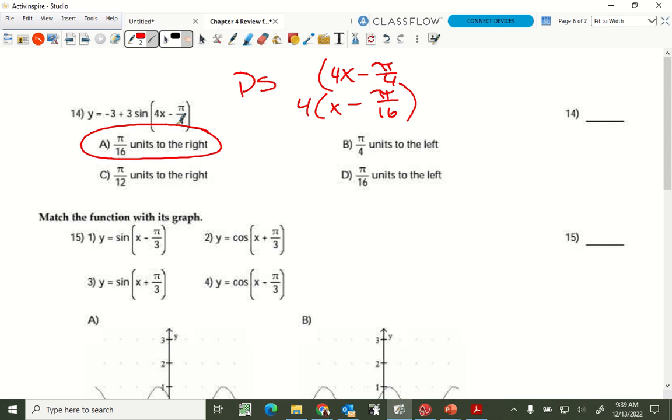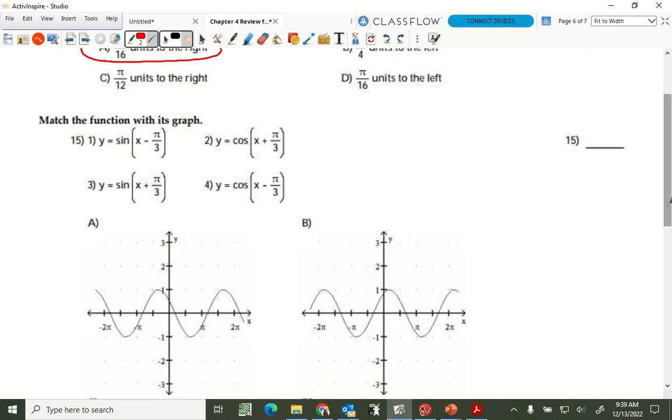All right, 15. You have 3 of them to match. Or, I'm sorry, 4 of them, but by process of elimination, if you get 3 of them, you should know what the last one is. So you are going to have an answer like A, C, D, B, or something like that.